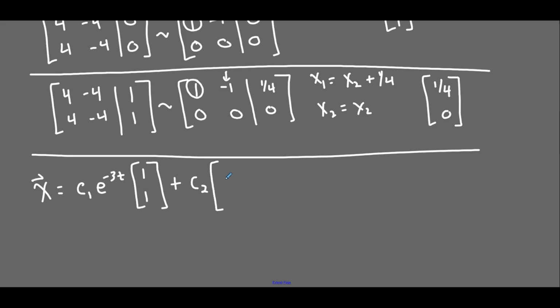So you're going to have t e to the negative 3t. Remember when we did repeated roots earlier, you had to multiply by t. So this is kind of related to that. And you're going to use the same eigenvector. And then you're also going to add e to the negative 3t times this new vector.